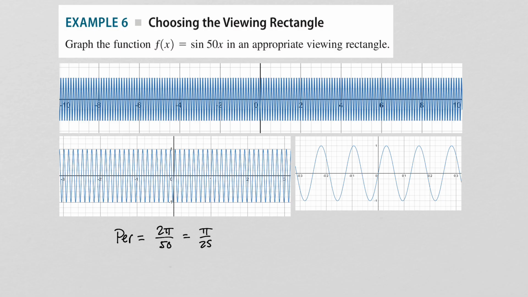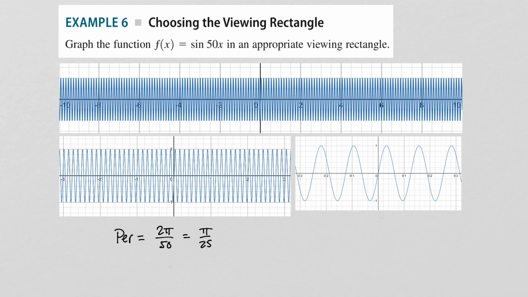So if you try to graph this in a normal graphing window, because pi over 25 is a number that's much smaller than 1, you're going to get multiple periods. In this case, we have a bunch of periods between x equals 0 and x equals 10 here. And this doesn't give you a very good picture of what this graph is doing.